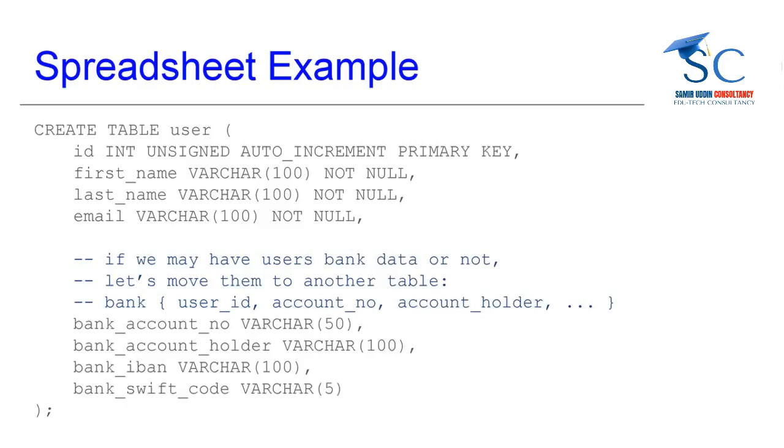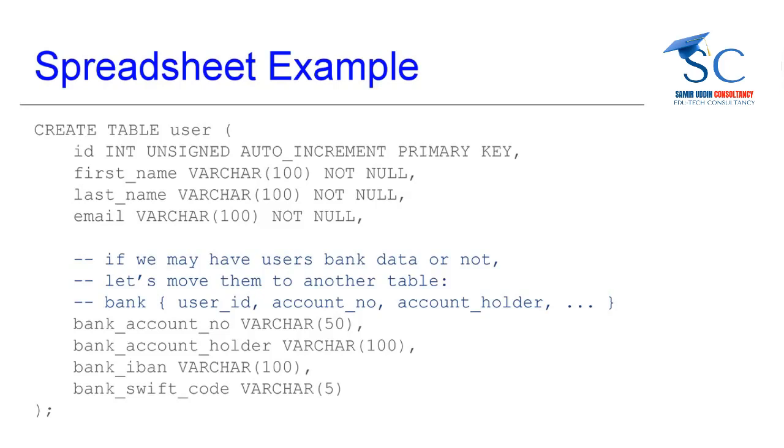The other example is you have a user table, and then a user could have a bank account that we know about for some reason, because it makes payments to us or whatever. But maybe sometimes users don't have a bank account that we know, okay?